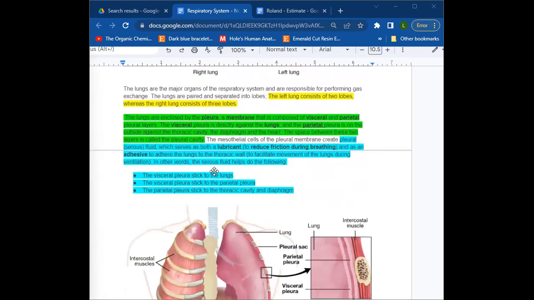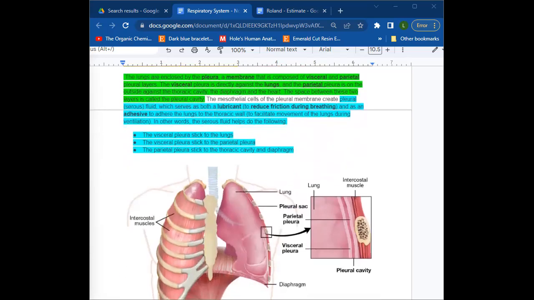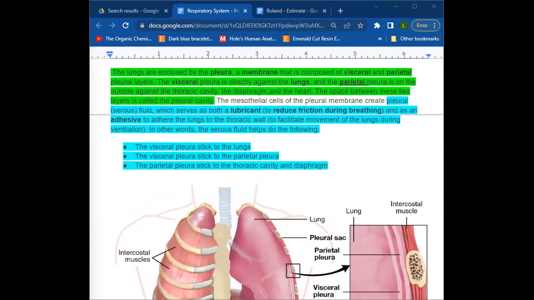Then we need to know that covering the lungs, there's supposed to be the pleura. For the pleura, there are 2 different layers: a visceral pleura and a parietal pleura.